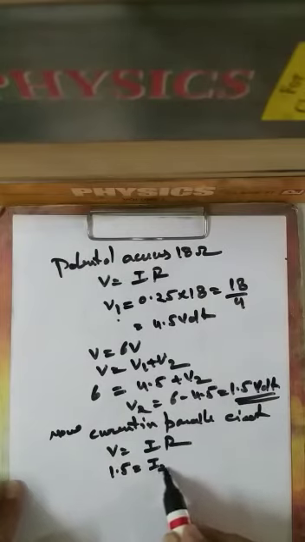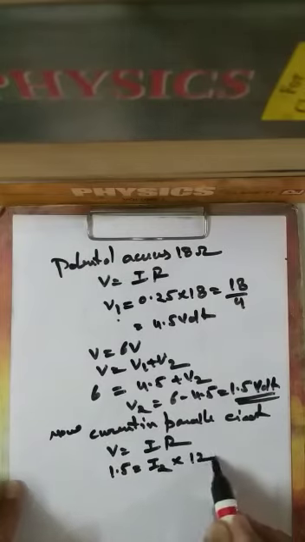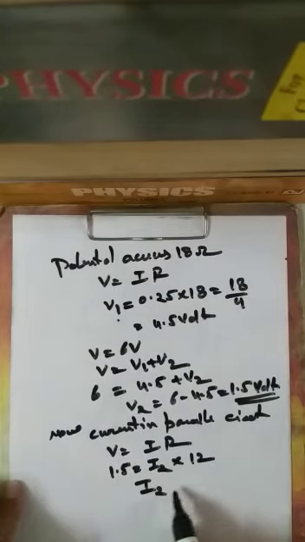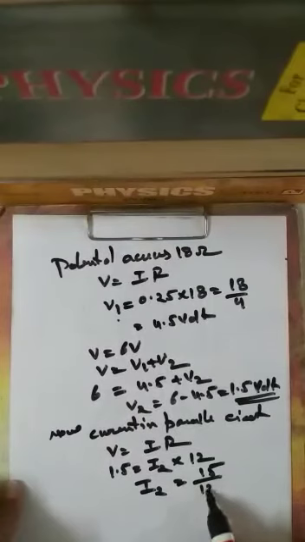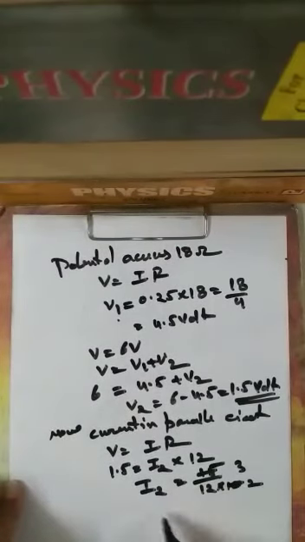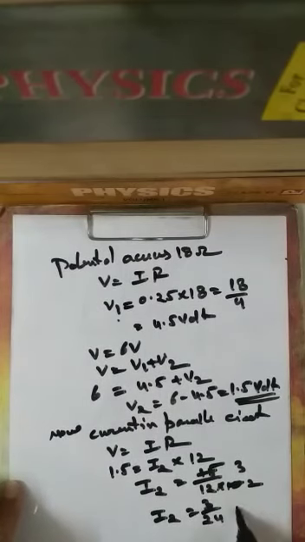Current is I2. The total resistance is 12. I2 is equal to 1.5 upon 12, which is 3 upon 24 ampere.